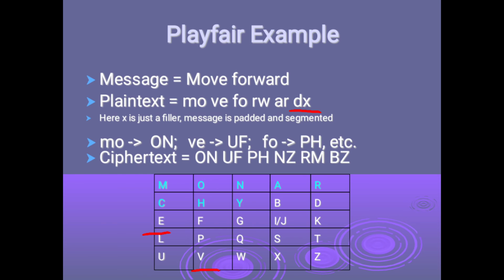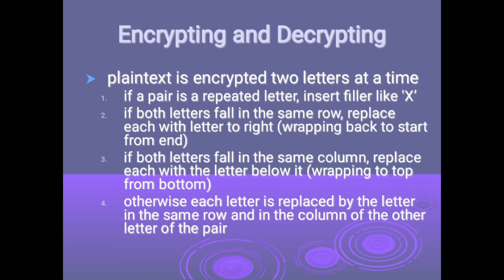It does not fall in the same row, and it does not fall in the same column. So what we have to do is see the rules first. If both letters fall in the same row, replace. No, not like that, so the first rule is not applicable. The second rule, if both letters are in the same column, is also not applicable. Otherwise, each letter is replaced by the letter in the same row and in the column of the other letter of the pair.